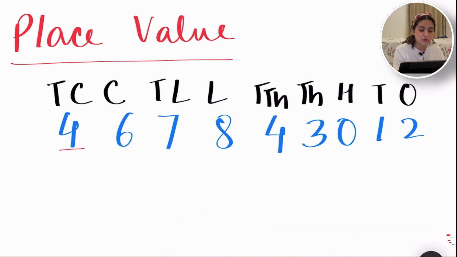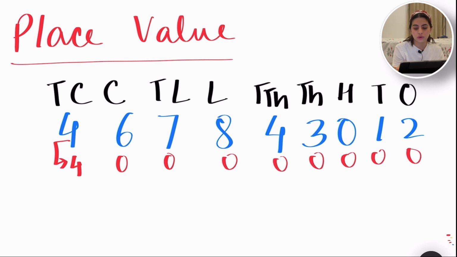Now, if we are going to talk about 4, okay, let me put an arrow so that it's easy for you to understand. It's going to be 4, 0, 0, 0, 0, 0, 0, 0, 0. How many zeros? Excuse me. So, this is 40 crore. The place value of this 4 which I've underlined, you see, is 40 crores.